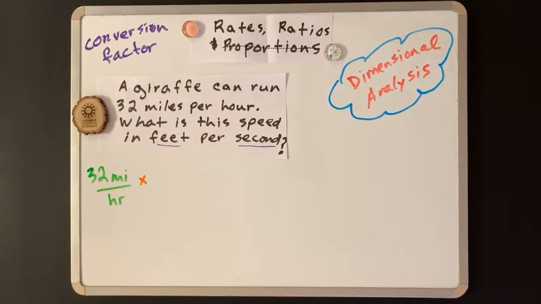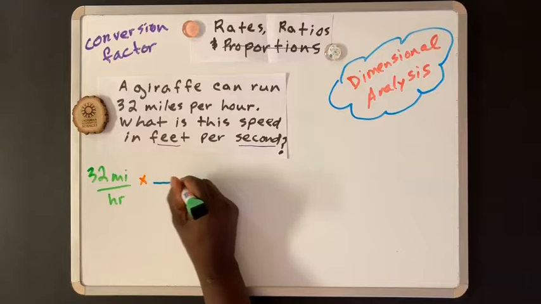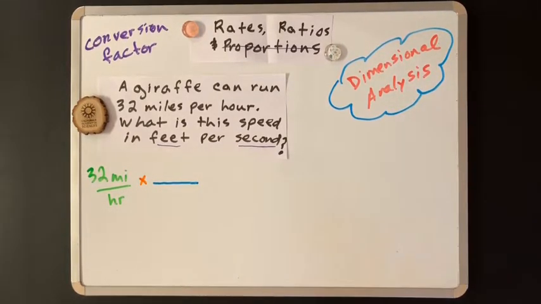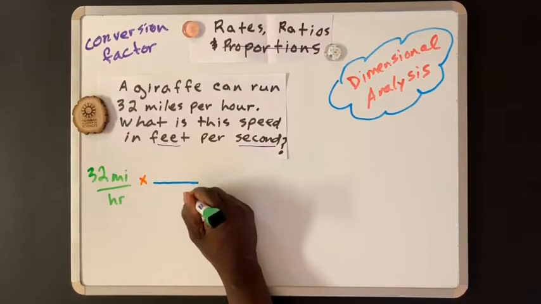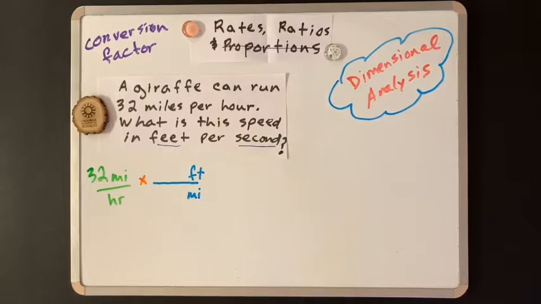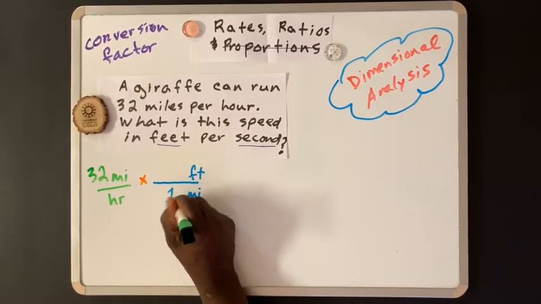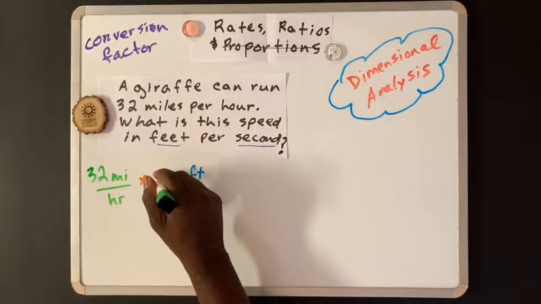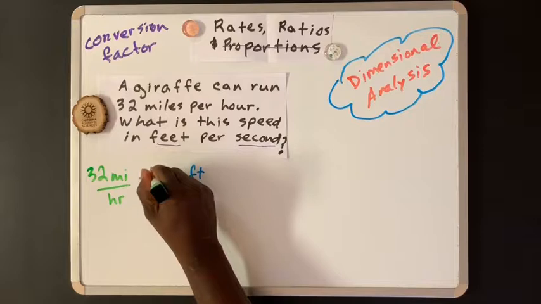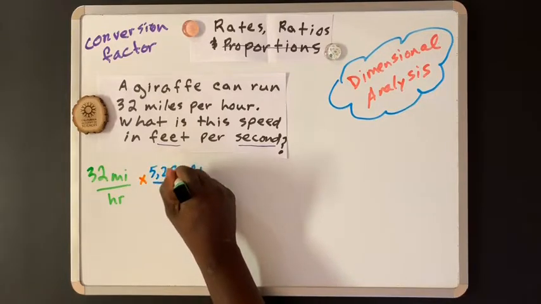So let's prepare to convert miles to feet. I'm going to put miles down here and feet right here. All right. So how many feet in 1 mile? Yeah, you're right, 5,280.